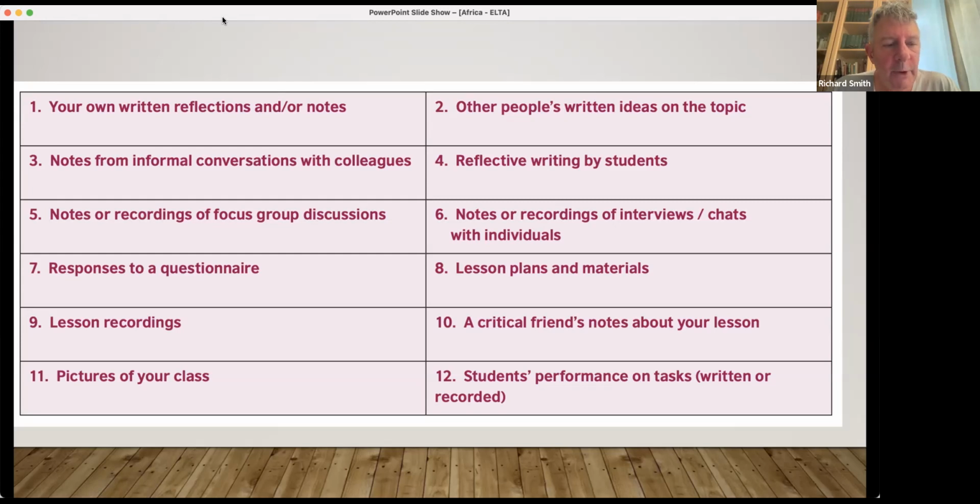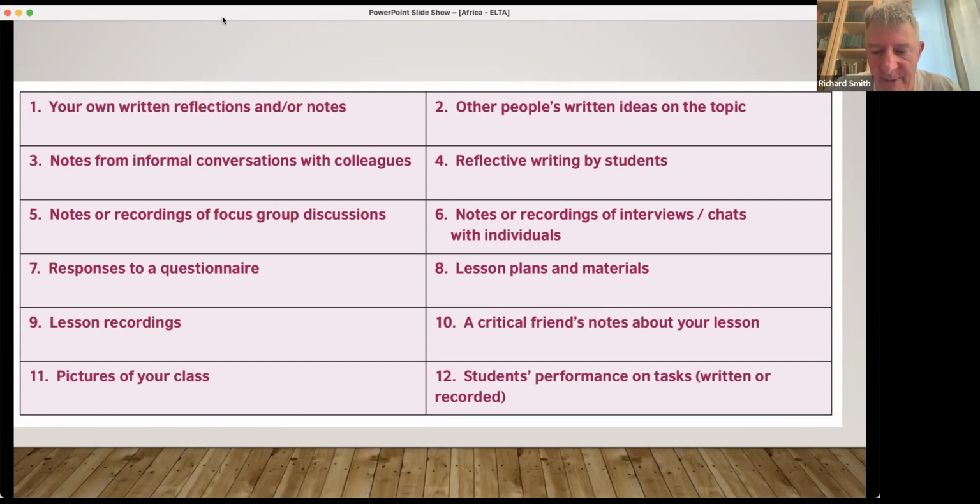Number 3, you can have conversations with colleagues if the question is something like, what do other teachers do in this situation? Number 4 would be asking students to write a little bit for you. I think one example I gave was that the teacher asked the students to write what they thought about YouTube videos, just at the end of the class, 2 or 3 minutes, on a piece of paper.